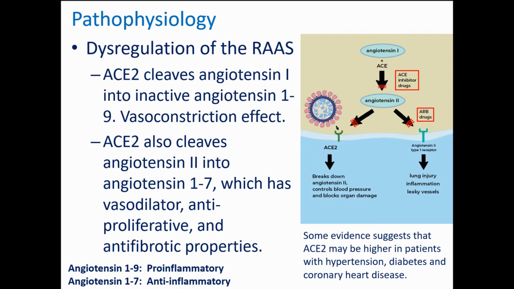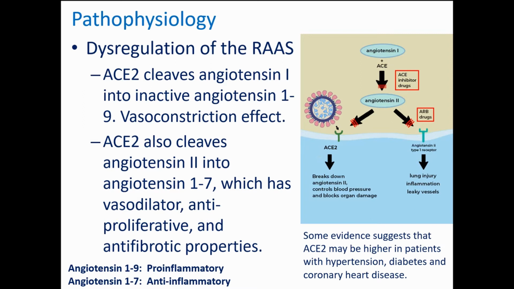So this is the cartoon of angiotensin 1 converting to angiotensin 2. We sometimes recommend ACE inhibitors depending on the clinical status and the type of hypertension or cardiomyopathy the patient may have.